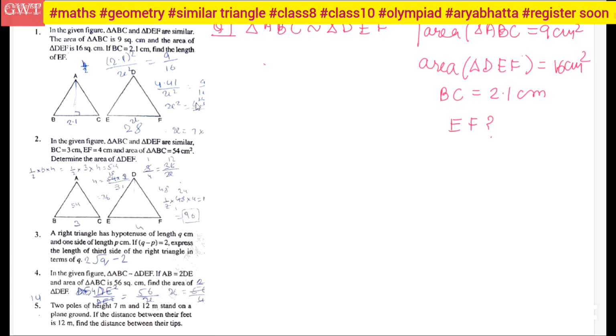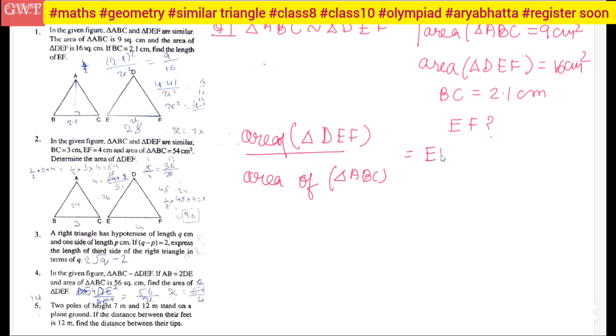Since the two triangles are similar, their areas will also be in ratio. So I will say that area of your triangle DEF upon area of your triangle ABC is equal to EF upon BC whole square.